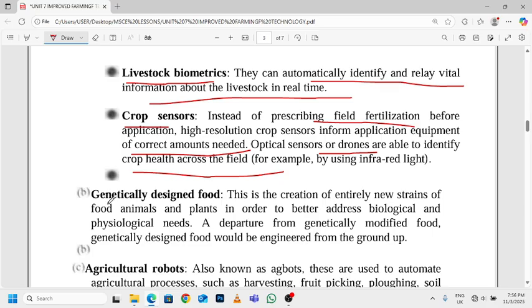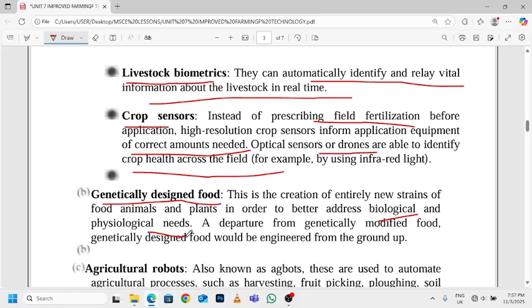Let's now talk about the genetically designed food. We are now talking about the livestock. The genetically designed food helps to produce feed that is required for the animals. That's both for biological as well as physiological needs.